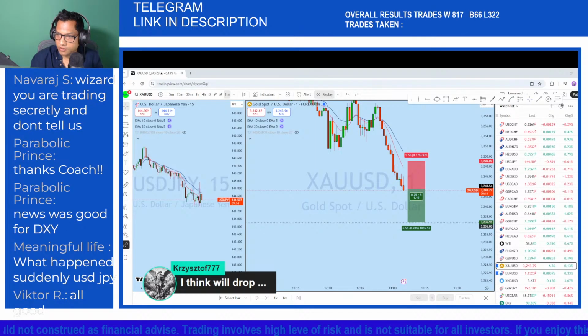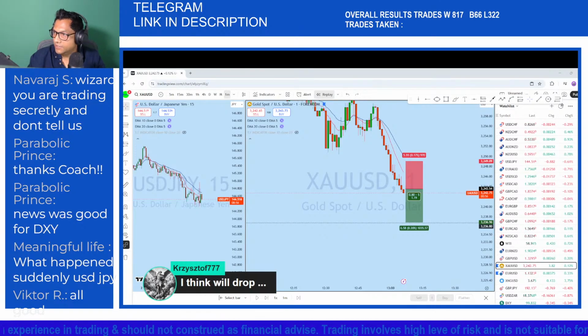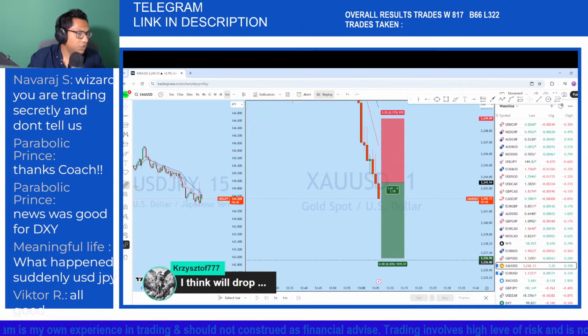So on the trade, we're on the trade on this one as it managed to break below, expecting some quick gain here with this potential drop.